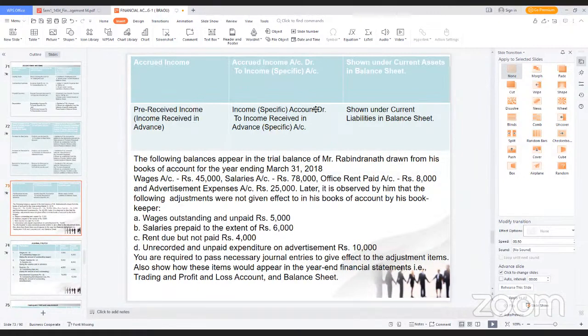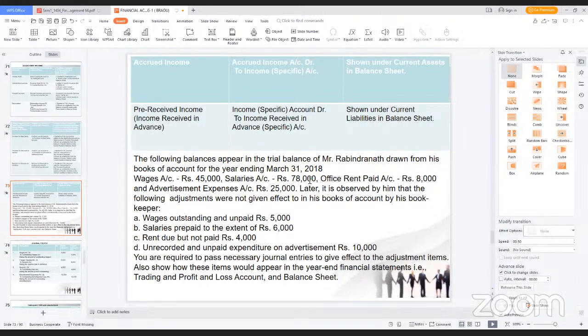Wages outstanding and unpaid. Wages are outstanding, means still you have to pay it. Only this amount is given, but this outstanding amount they have not written in their books, that is in the ledgers, they have not given any adjustment. Salaries prepaid.